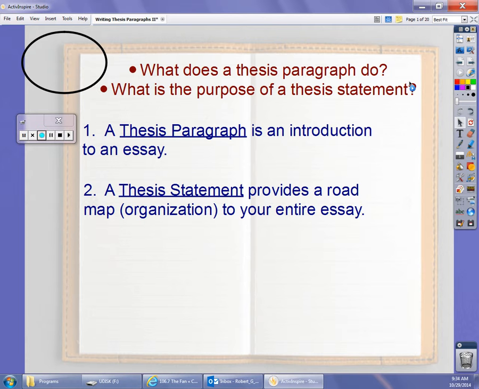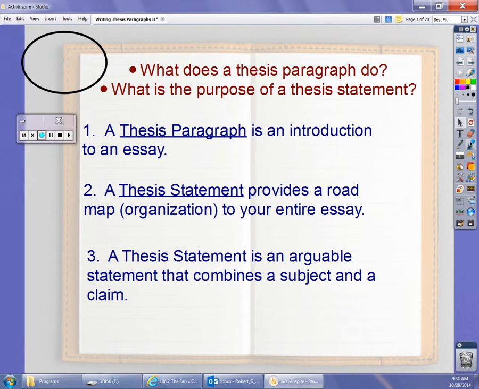2 paragraphs, 3 paragraphs, 4 paragraphs, 5 paragraphs. It's the entire essay. And finally, this thesis statement needs to be arguable. It needs to have a subject, and it needs to have a claim, and it needs to be something that you can actually argue. In a little bit, we're going to take a look at some examples of thesis statements that are arguable and some that are not.